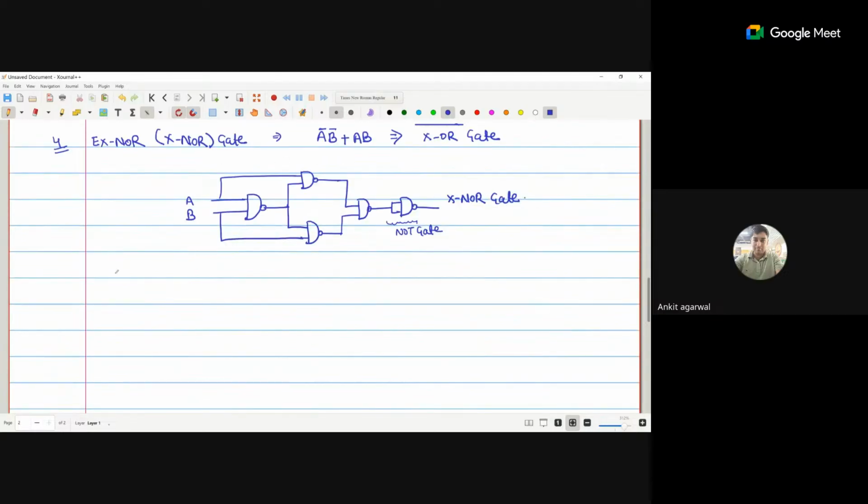The other way: A bar B bar plus AB. So Y bar is A bar B bar plus AB whole bar. So that is (A plus B)(A bar plus B bar).